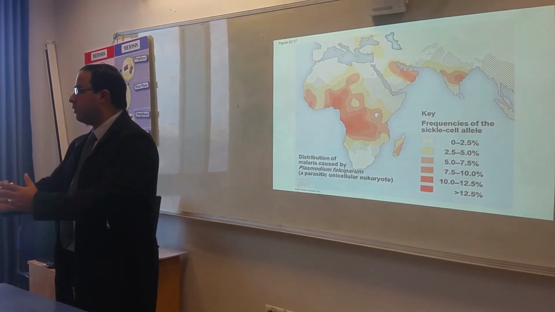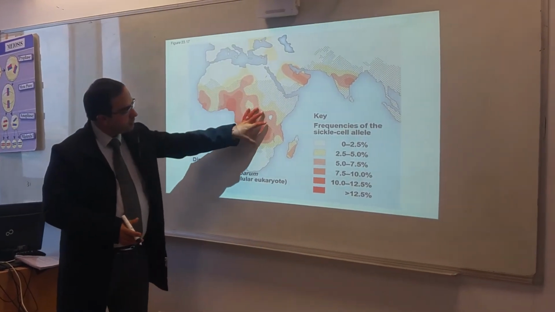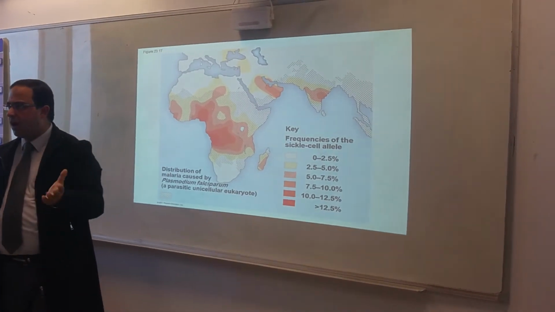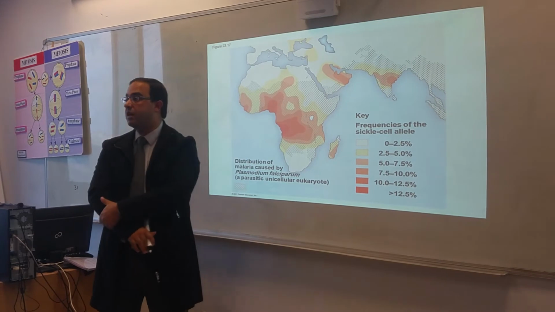Malaria is a parasite. We can conclude that it's nearly the same area which has a high rate of malaria infection, also the same area which has a high rate of sickle cell carriers.